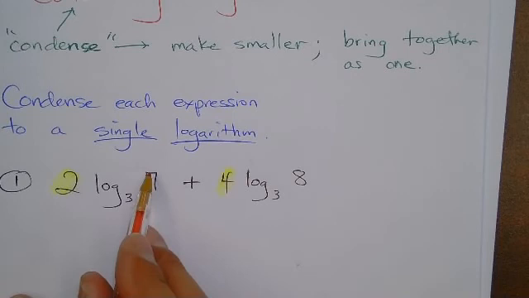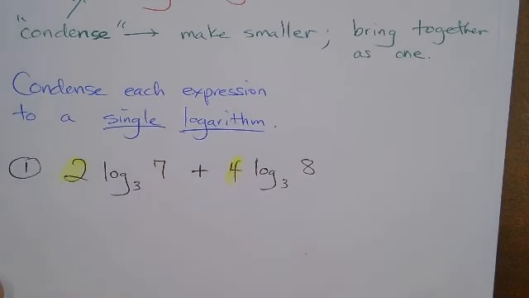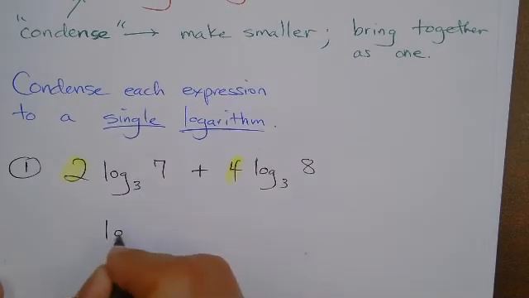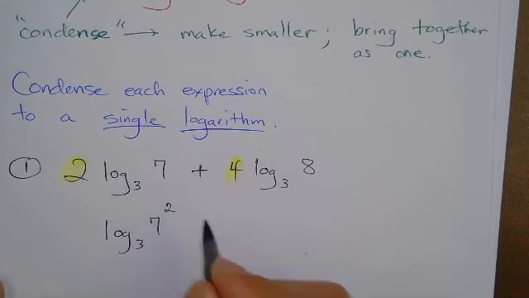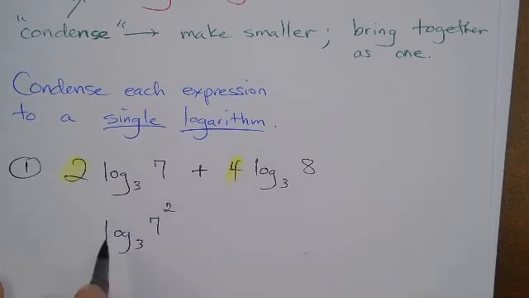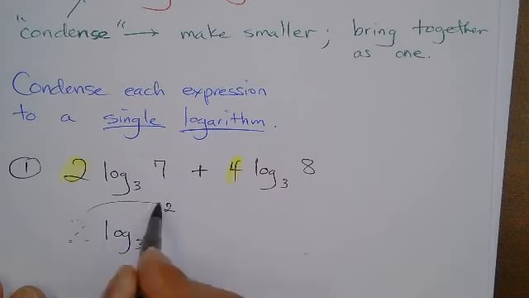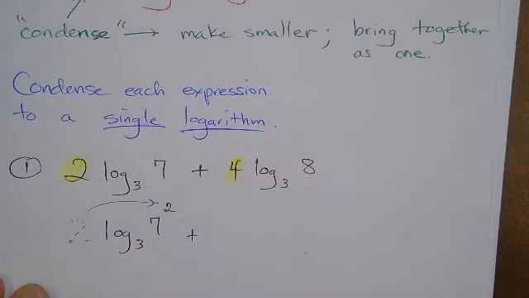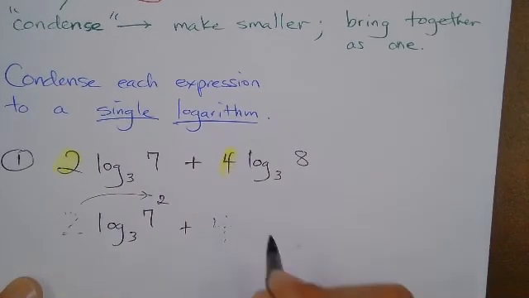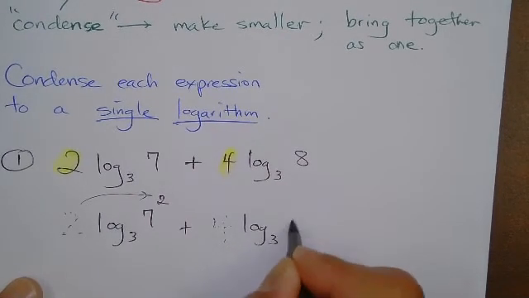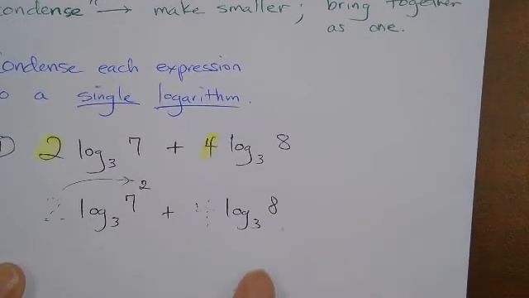If it got dropped down, wasn't that the exponent, right, going backwards? So now, this is going to be log 3 of what? 7 what? Squared, right? You're bringing this number up. This 2 that was here, you're bringing it up. And then it's going to be plus what? And there used to be a 4 right here. It used to be 4 log 3 8 like that.